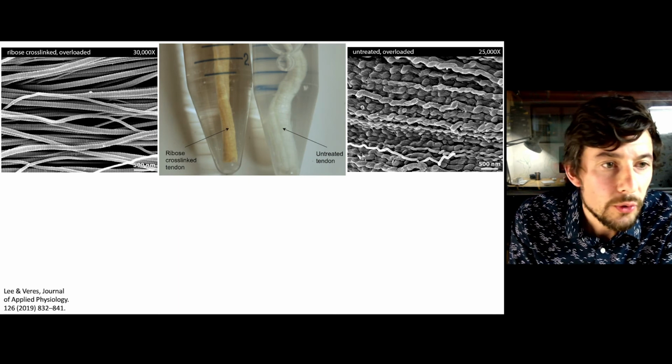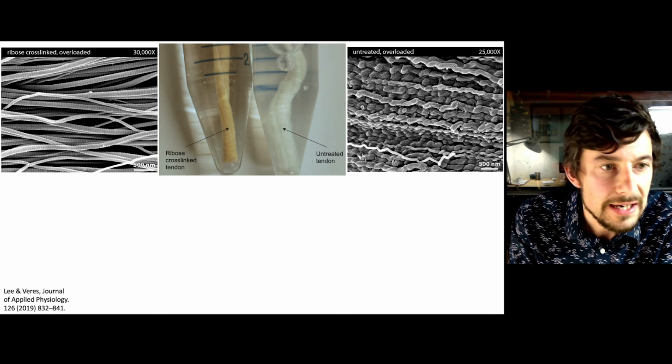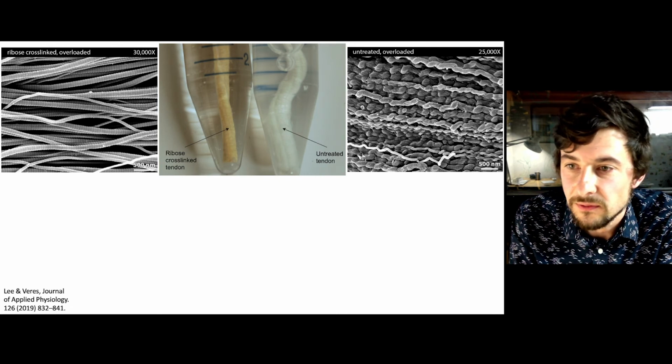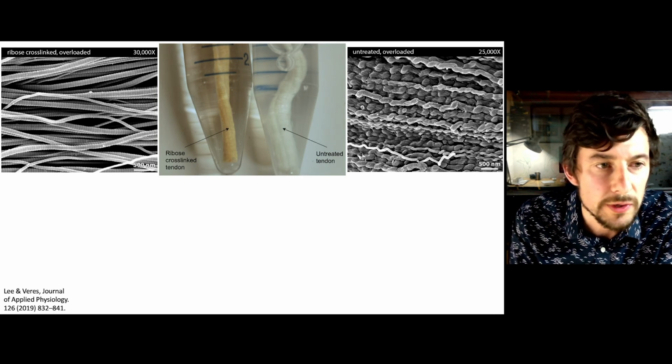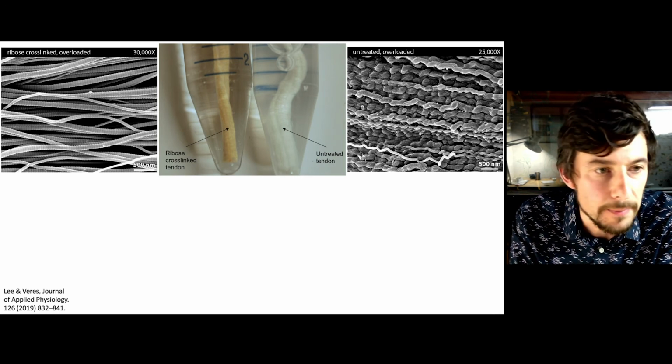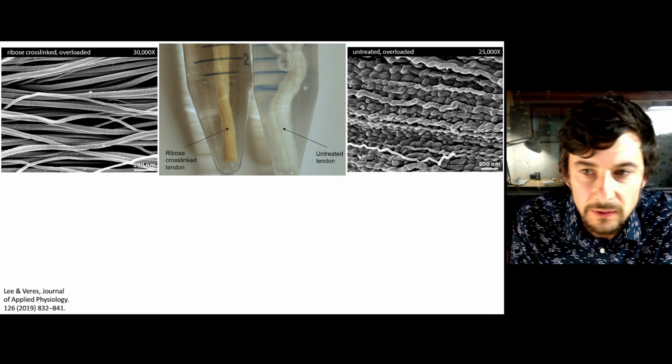Now, ribose cross-linking, when done on these tendons, completely inhibits the discrete plasticity mode of failure. So it really seems to restrict that molecular sliding ability from those added advanced glycation end product crosslinks.